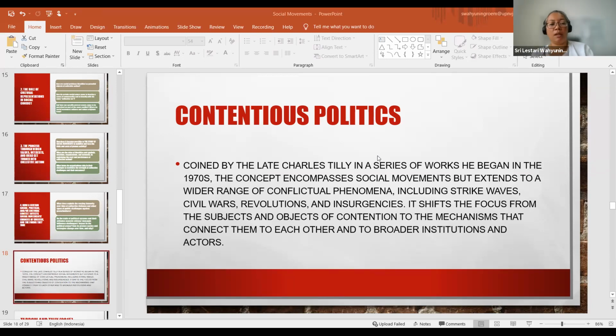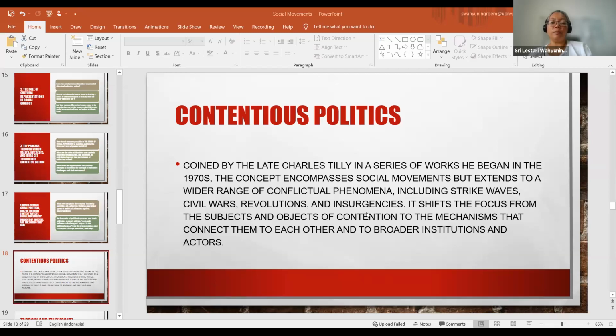Jadi ini adalah politik contentious. Persoalannya adalah how do you translate contentious? Politik perseteruan tadi, politik perdebatan tadi ada, politik what's the other one? Controversial, whatever. And then who else? Because I saw some papers use quite uncommon translation.